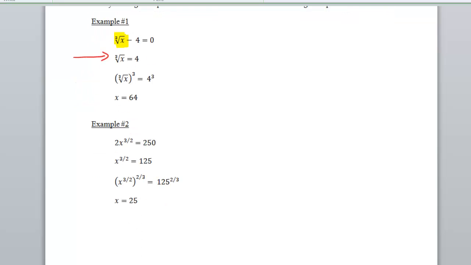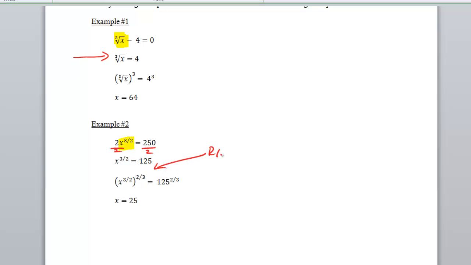Now that's a good example of a root. Example 2 is an example of a rational exponent. And so what happens here is a little bit different. We want to try to isolate the x value that is being raised to the 3/2 power. So the first thing that happens is we divide both sides by 2. Now, if you notice, we didn't use radicals here. What we did is we used a reciprocal.